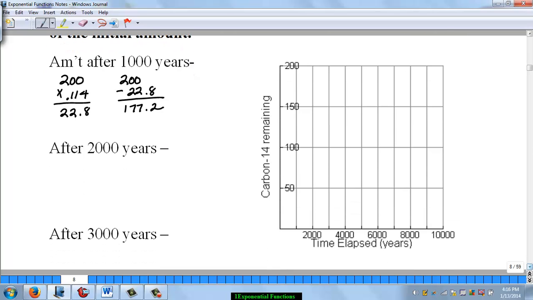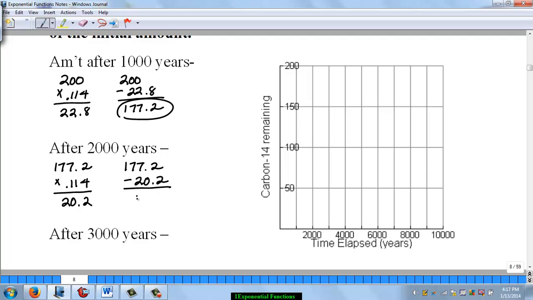Then the next year, I now have the 177.2, and that's decaying 11.4%. So I'm going to multiply that by 0.114. So now 20.2 micrograms went away. So I take the 177.2, subtract the 20.2, and what's left over is 157 micrograms.